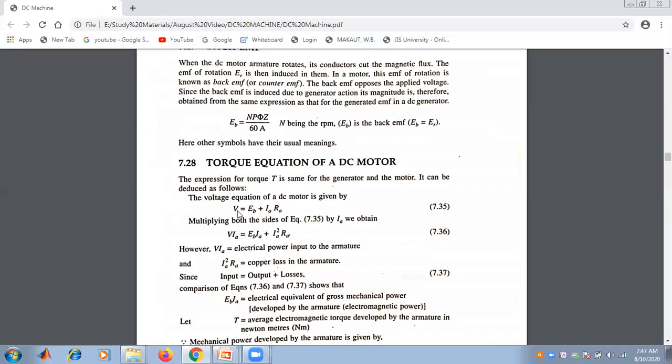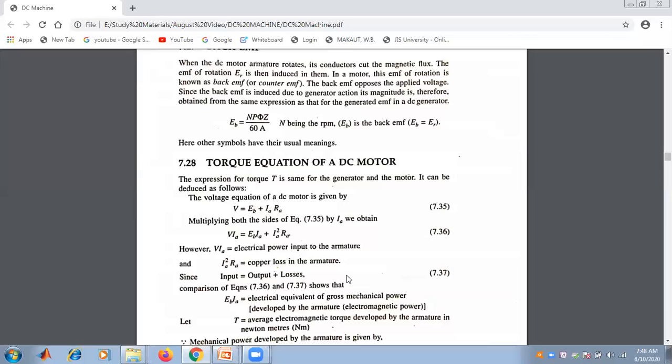After multiplying both sides of the equation by Ia, we obtain V Ia equal to Eb Ia plus Ia square Ra. But V Ia is the electrical power input to the armature, and Ia square Ra is the copper loss in the armature, that is called I square R loss, or the copper loss, that is known to us.